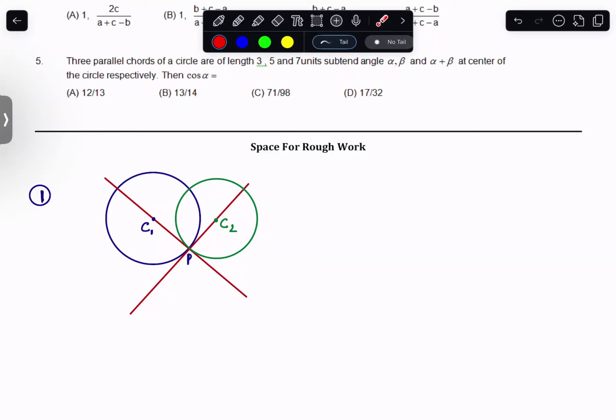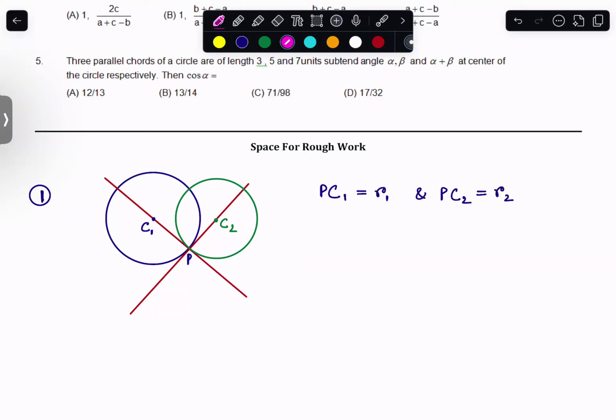Is this diagram clear to all? PC1 been considered as R1 and PC2 been considered as R2.